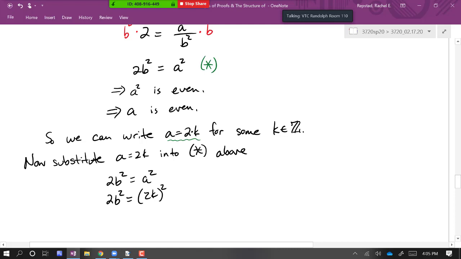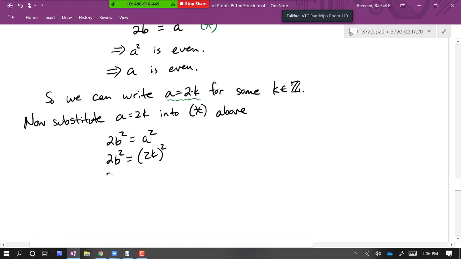We'll do a little algebra. 2k times 2k is 4k squared. Canceling out a common factor of 2, we get b squared equals 2k squared.